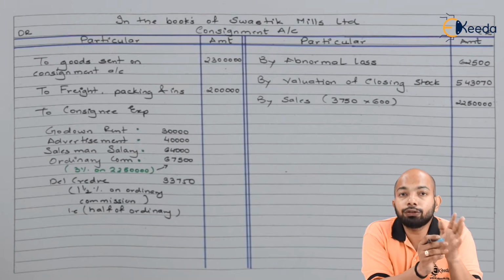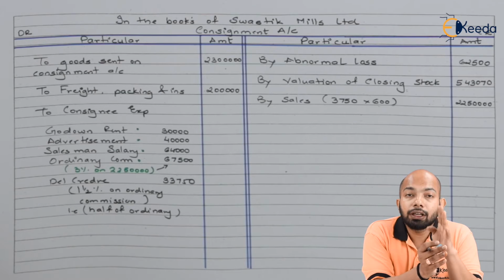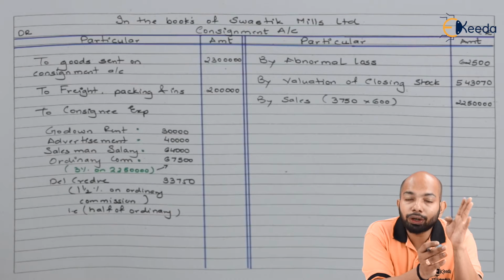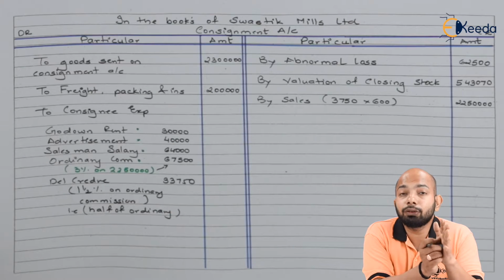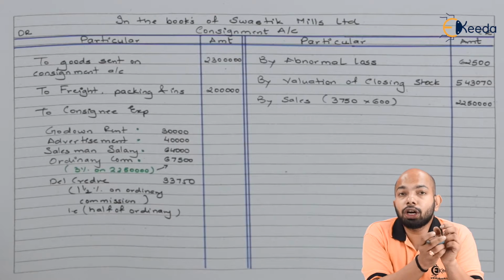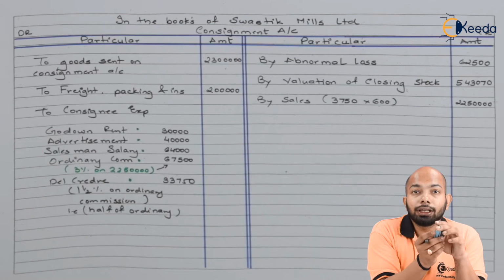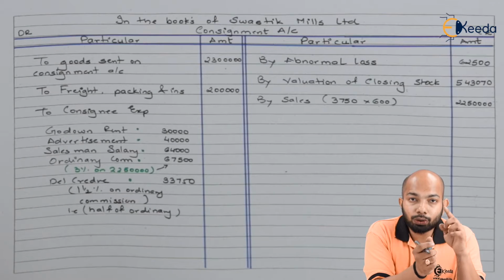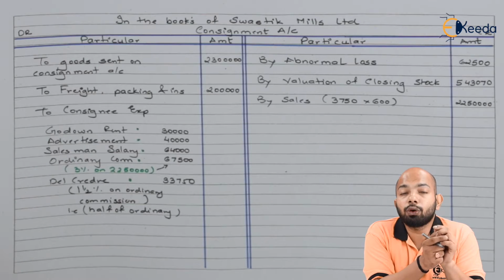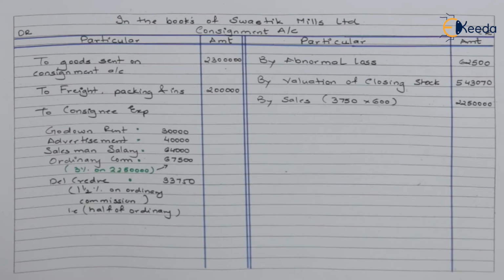That means half of the ordinary commission. If 3% is complete, 1.5% is half of that ordinary commission. So 67,500 which you have earned as ordinary commission, divided by 2, will give you the amount of del credere commission, that is 33,750. So this total will comprise the total of all the expenses that have been paid for the consignee here.